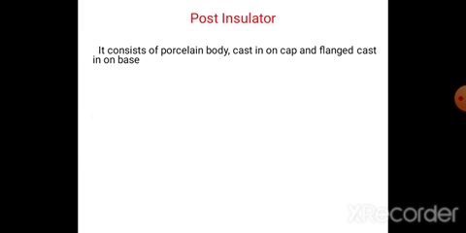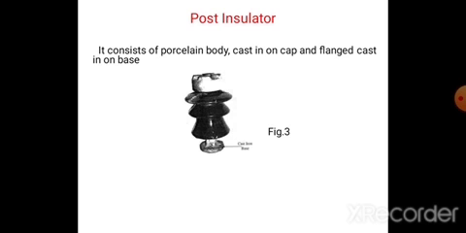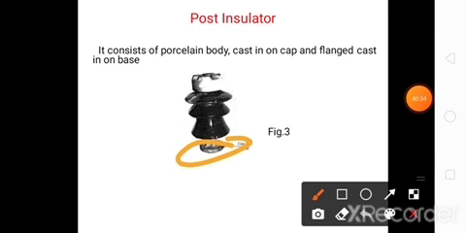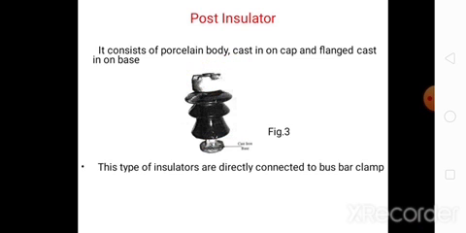Post insulators. It consists of a porcelain body, cast iron cap, and flanged cast iron base. This is one type of cast iron base. Here the bottom is cast iron, and the conductor is connected to the top of the insulator.